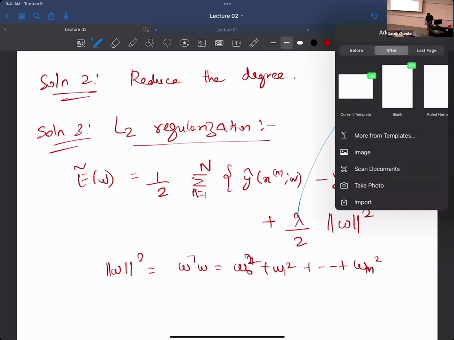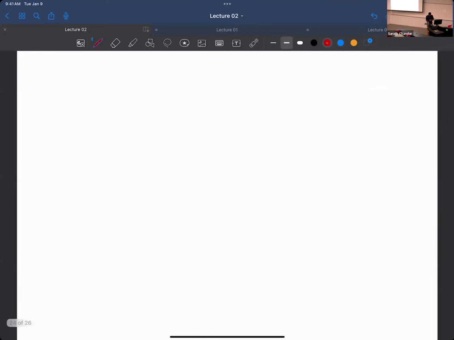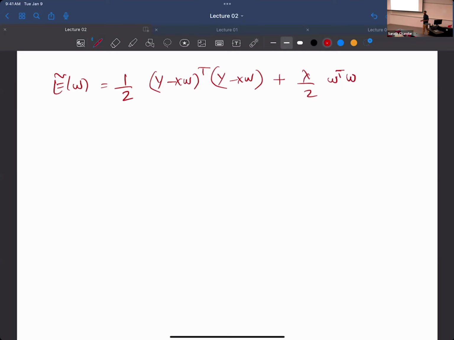So the error function is given by 1 over 2 (y minus Xw) transpose (y minus Xw) plus lambda by 2 w transpose w. I'm directly writing it in vector form. I'm going to differentiate this, set it to 0, and I will get my w. So dE by dw is equal to 0.